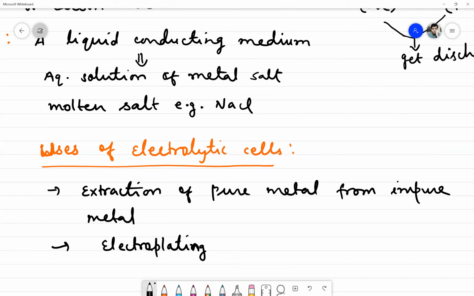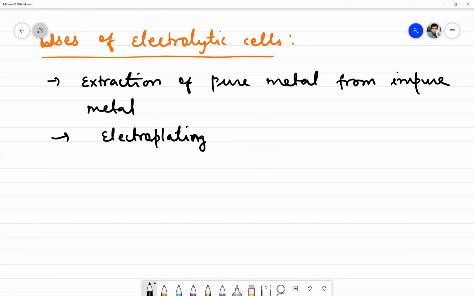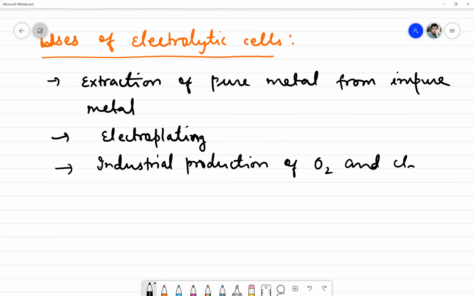It is done using an electrolytic cell, and this process is called electroplating. They are also used for the industrial production of oxygen and chlorine gas.